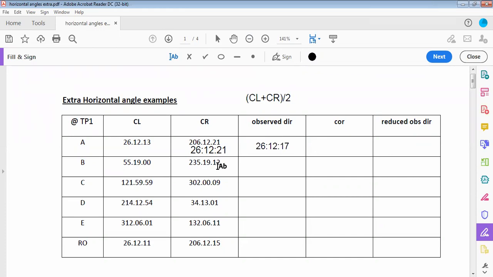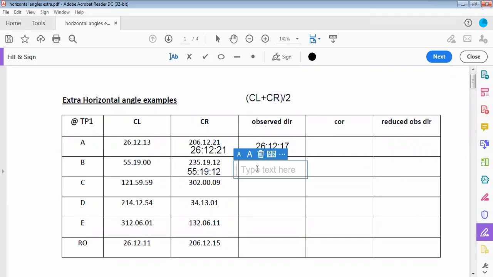If you look, circle left is smaller than circle right again. So therefore we subtract 180 degrees. So 235 minus 180, the answer you're supposed to get here is 55 degrees, 19 minutes, 12 seconds. For this one, we say 55, 19, 00 plus the new one, 55, 19, 12. We divide it by 2.